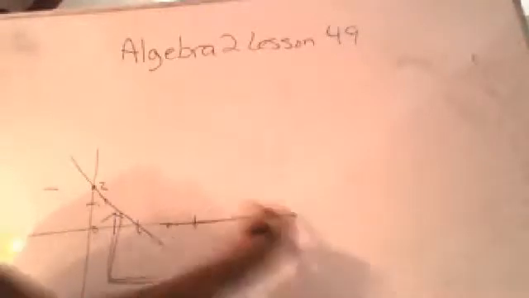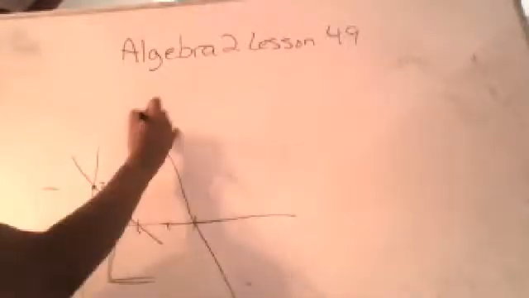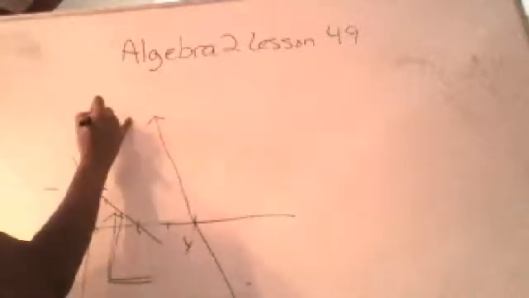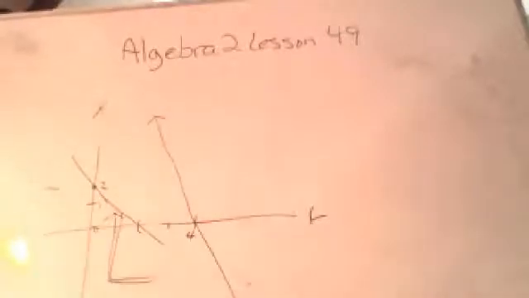Let me redraw this. It almost looks like it could be a straight line. Okay, so this is 4, y, x. So sometimes they want us to find the equation.